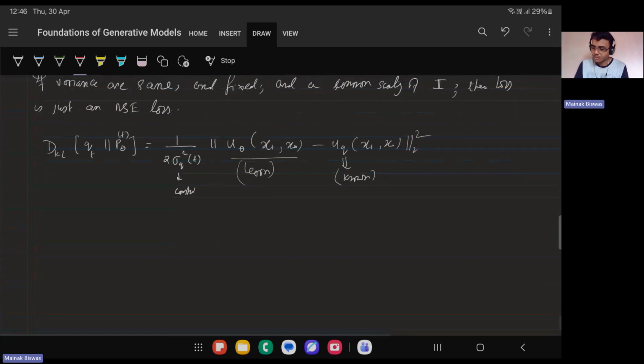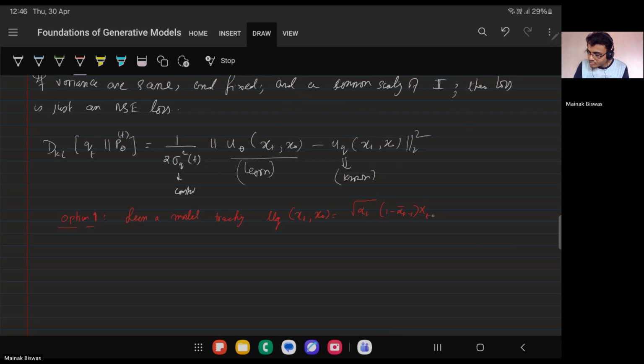So I could say I learn a model, that is option 1, learn a model tracking mu q of xt comma x0 equal to, again I'm writing for you to remember, root alpha t minus 1 bar... xt plus alpha t minus 1 bar (1 minus alpha t) x0.